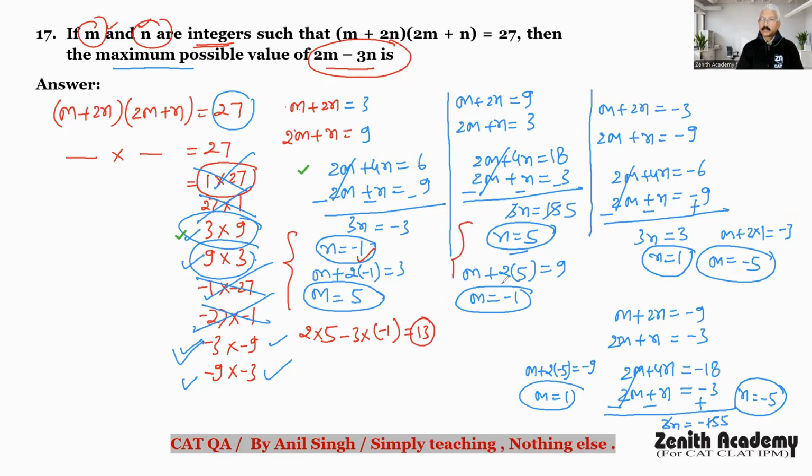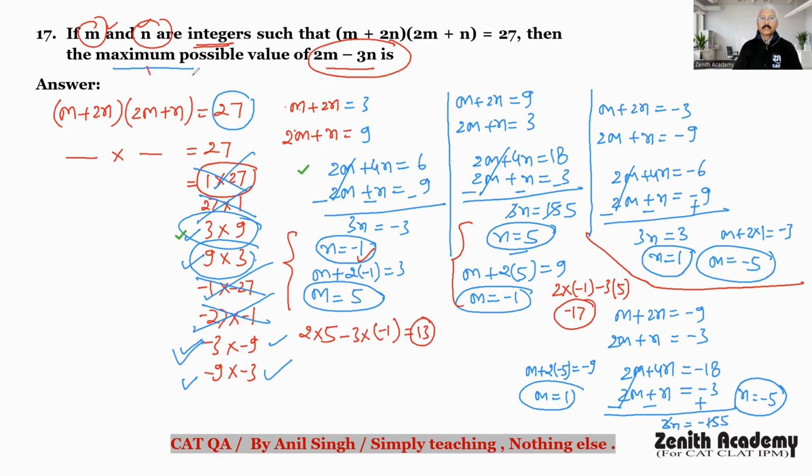Take this case. Here it is 2 into minus 1 minus 3 into 5. So minus 2 and minus 15, minus 17.